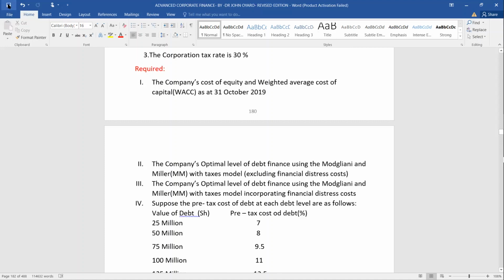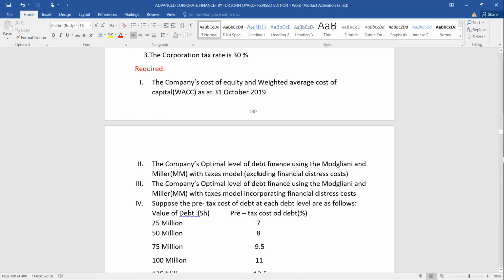Okay. Next. Number 2, the company's optimal level of debt finance using Modigliani and Miller with taxes model, excluding financial distress costs. Now, in this question, you can see that we're given financial distress costs. In this question, you have no personal tax rates on debt returns and no personal tax rates on stock returns.